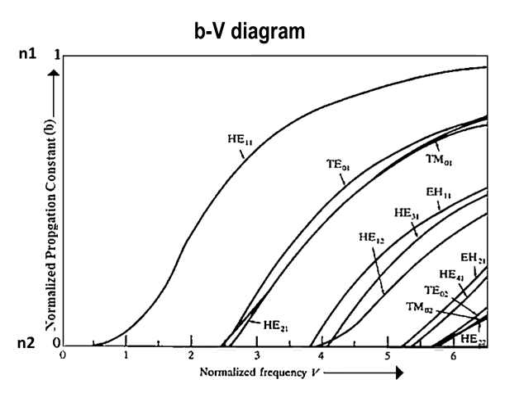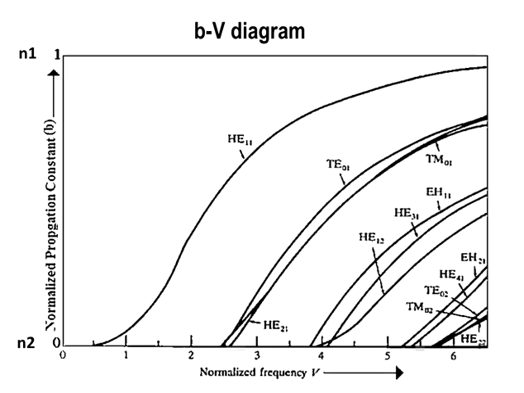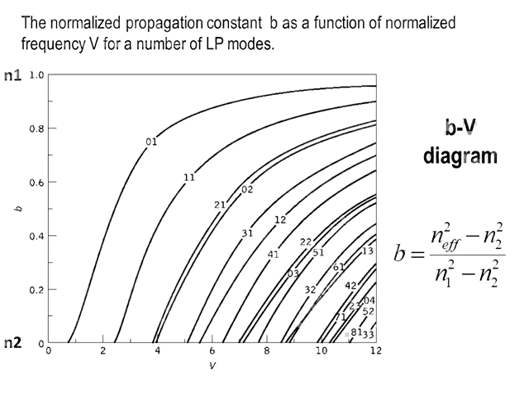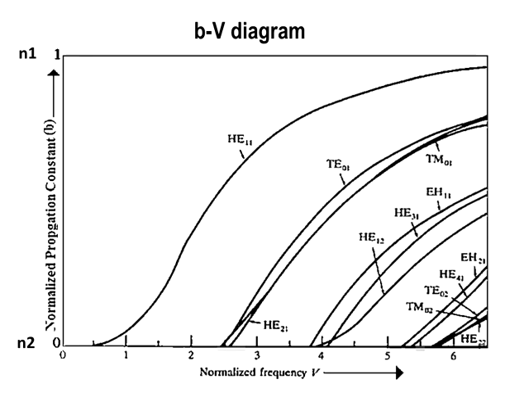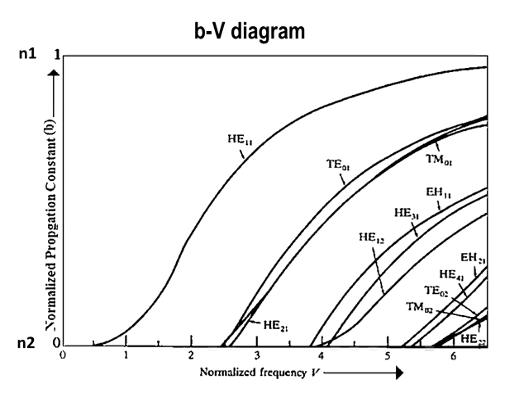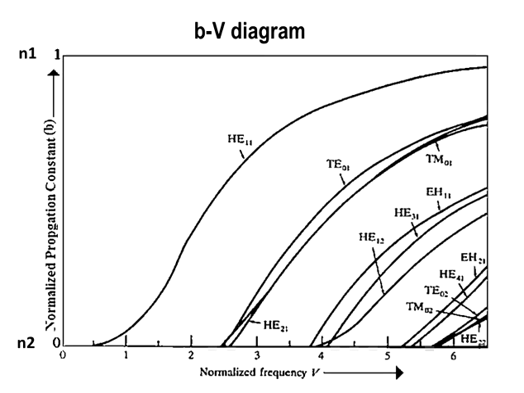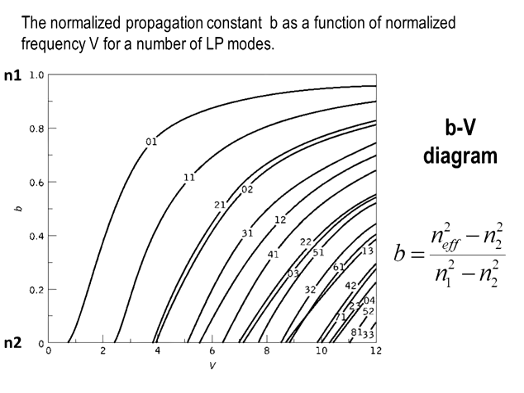HE11 corresponds to the LP01, then TE01, TM01, and HE21. These three can be clubbed together to get one single mode, that is LP11 mode. Then EH11 and HE31 will give only one mode, that is LP21. HE12 will give LP02.